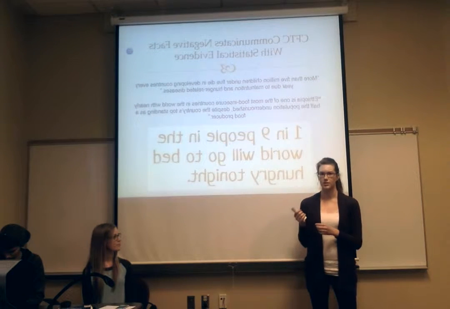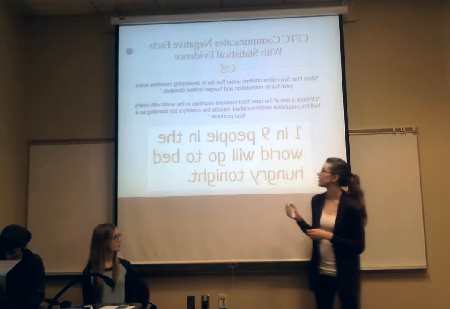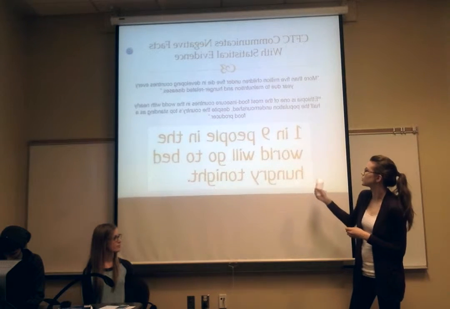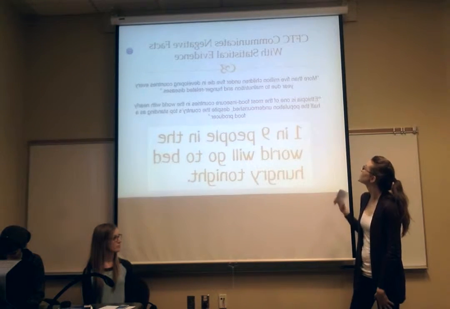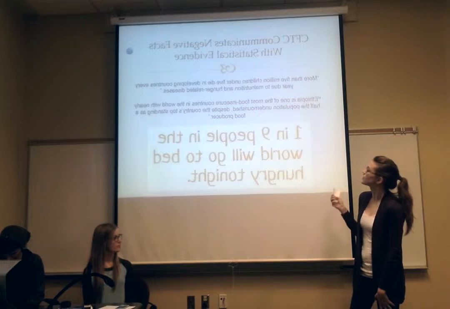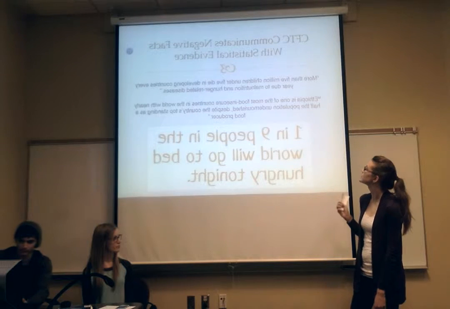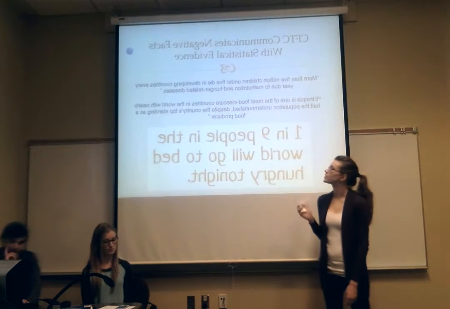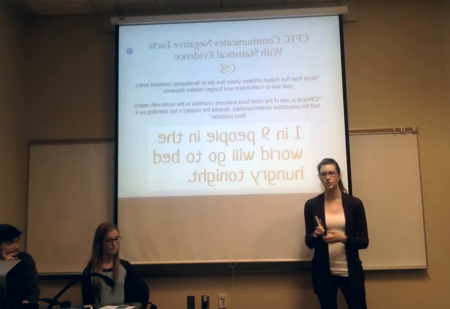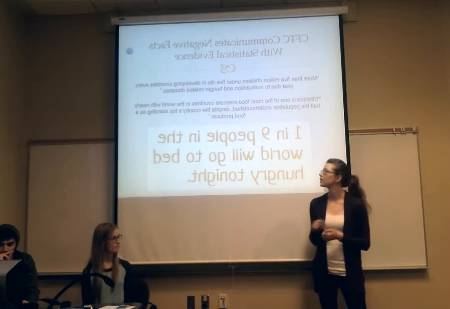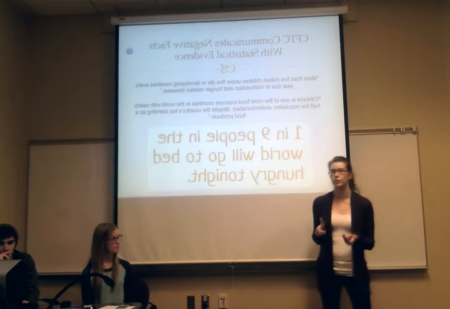With the statistical evidence, these are some of the examples on the website. One in nine people in the world will go to bed hungry tonight. More than 5 million children under 5 die in developing countries every year due to malnutrition and hunger-related diseases. As well, Ethiopia is one of the most food insecure countries, even though they are a large food producer.